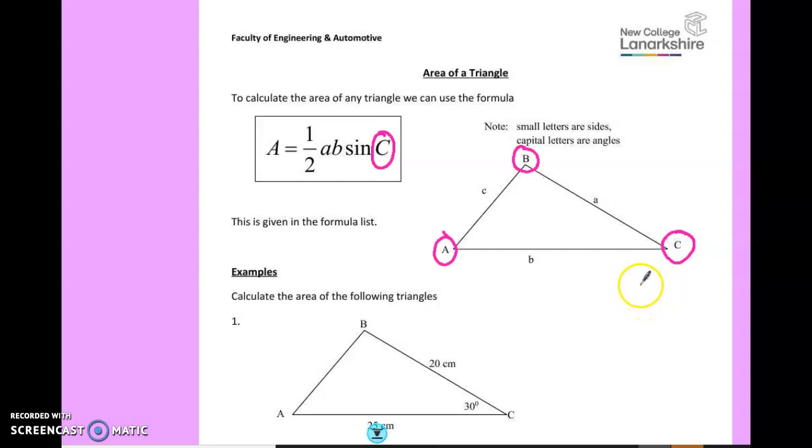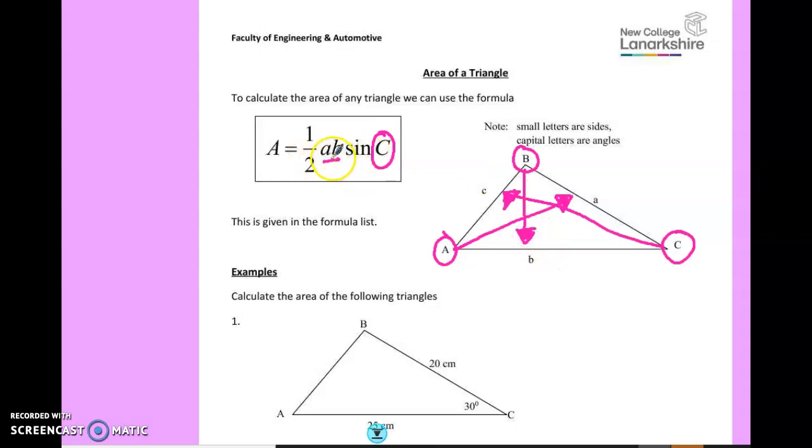So there's your A, B and C as your capitals, your angles. The small letters, a and b here, are sides. And side a is always opposite angle A, side b is opposite angle B, and side c is opposite angle C.